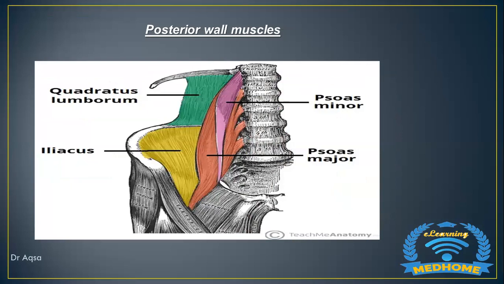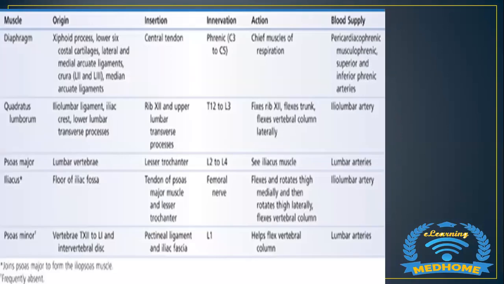And in the posterior wall, we have the quadratus lumborum muscle, which originates from the posterior half of the iliac crest, and it is inserted on the lower border of the 12th rib and the first and second lumbar vertebrae. Its nerve supply is from T12 and L1 to L4, and its function is flexion of the vertebral column. And we have psoas major and psoas minor.